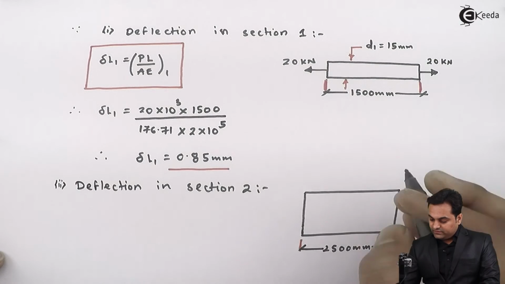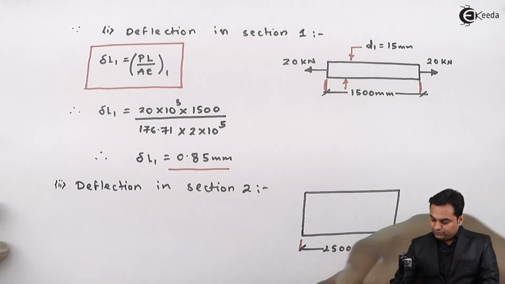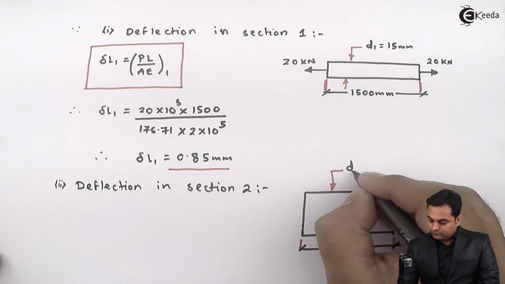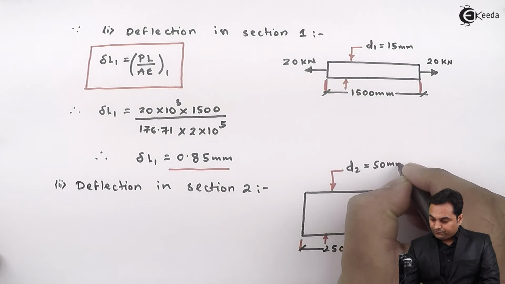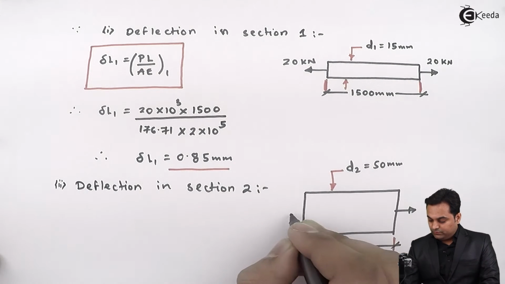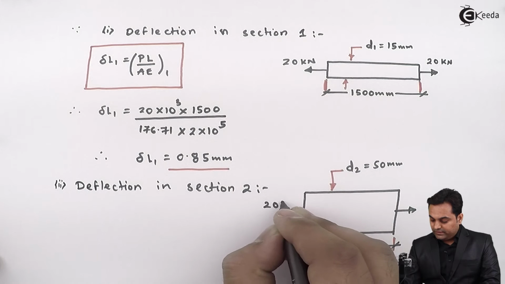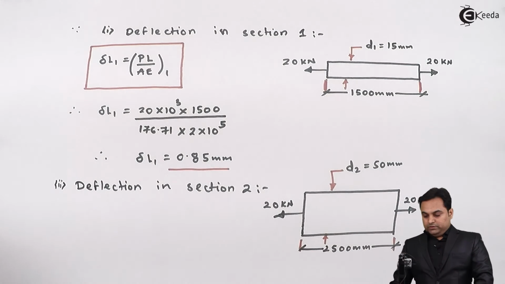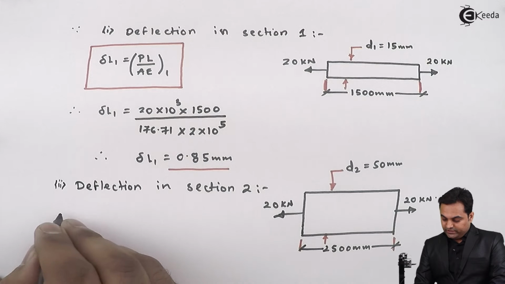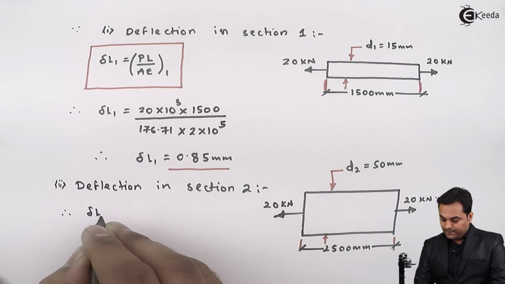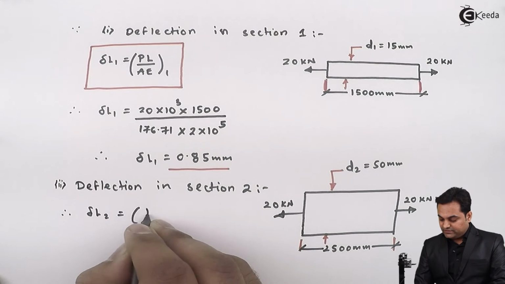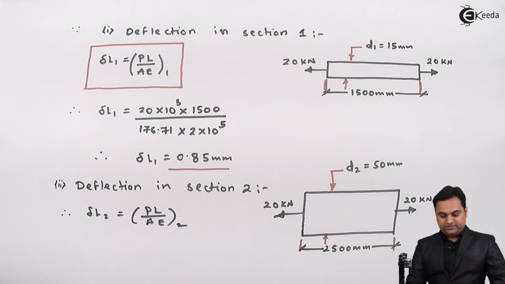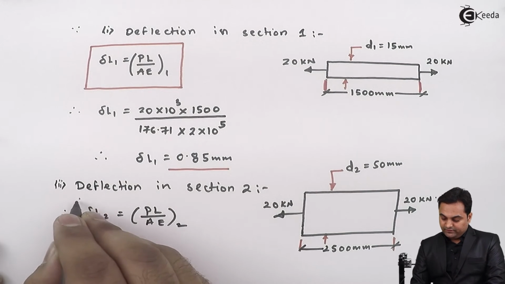Length is given and even the diameter value is known to us. It is 50 mm and this is subjected to a tensile load again having the same value of 20 kilonewton. This is the second section. So again I'll use the formula of deflection in the second section as PL upon AE for the second section. Here I'll be putting the values.